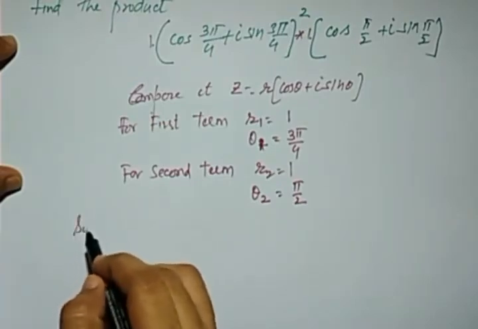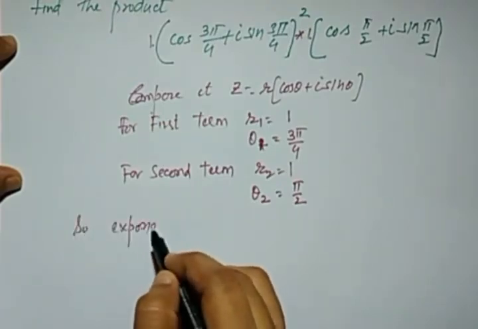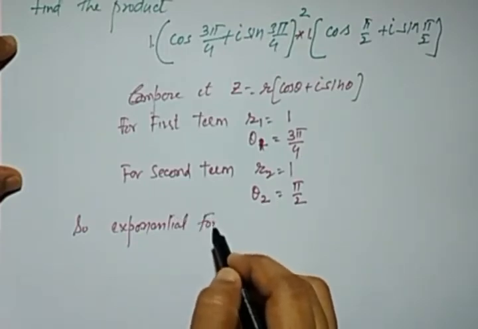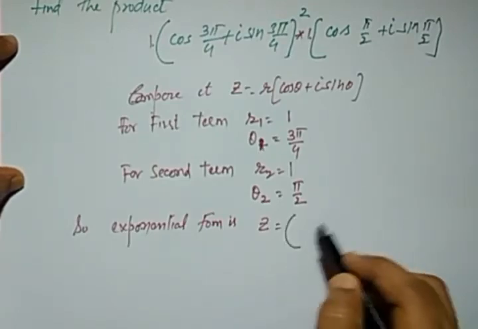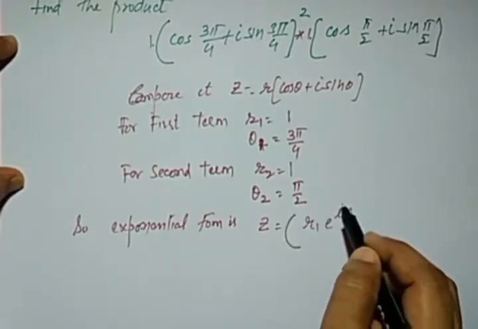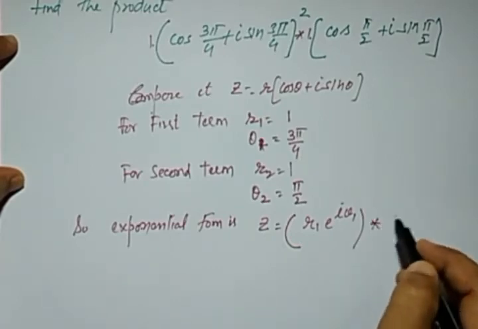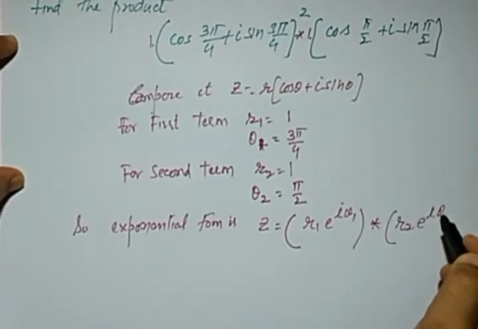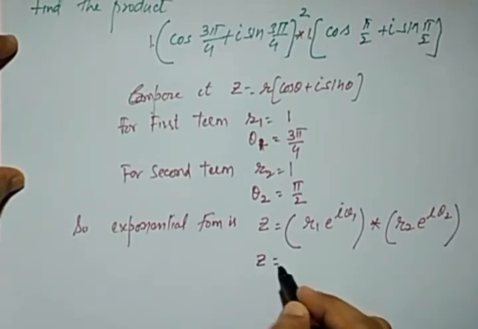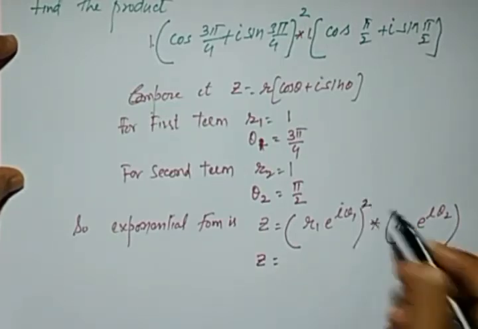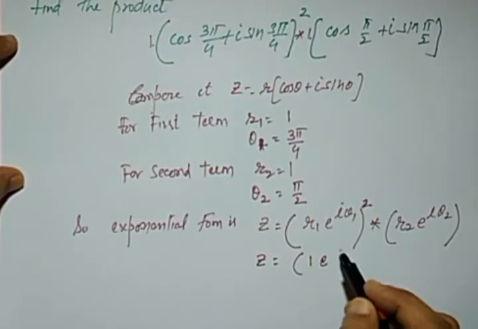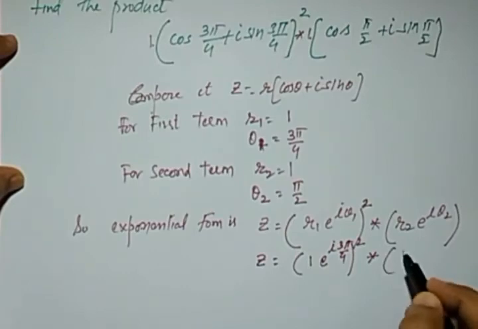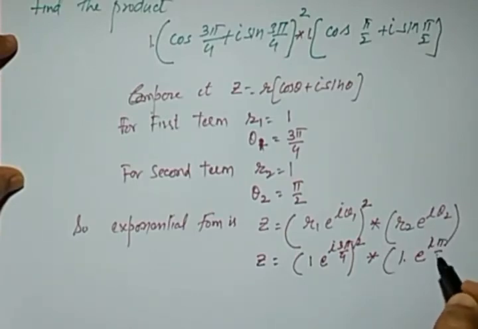So the exponential form is, if we say z is the product, z is equal to r1 e raised to power i theta 1, and the second can be written as r2 e raised to power i theta 2. Substitute the values, and here the power 2 is also given. So this becomes 1 e raised to power i 3 pi by 4, squared, times 1 e raised to power i pi by 2.